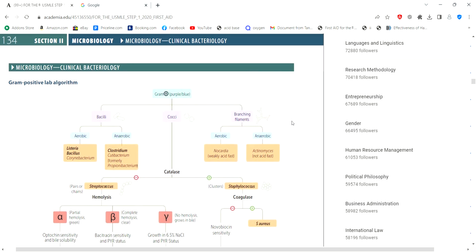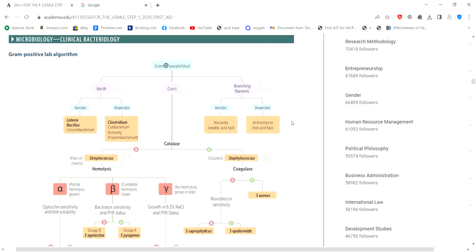So if something is gram positive, it is purple or blue. Gram positives are split into bacilli, cocci, and branching filaments. Bacilli can either be aerobic or anaerobic. Aerobic ones are Listeria, Bacillus, Corynebacterium.